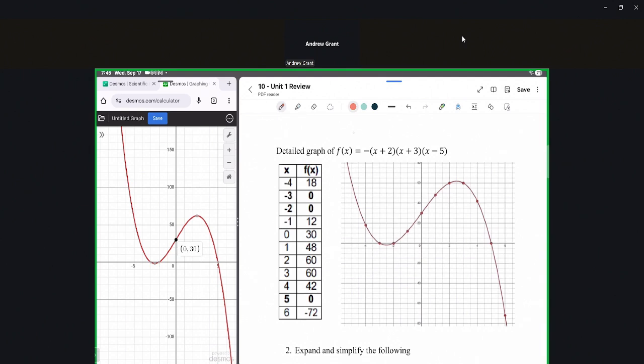So recall that we had x-intercepts at -3, -2, and 5. And so our chart here needed to have x values above, below, and in between.